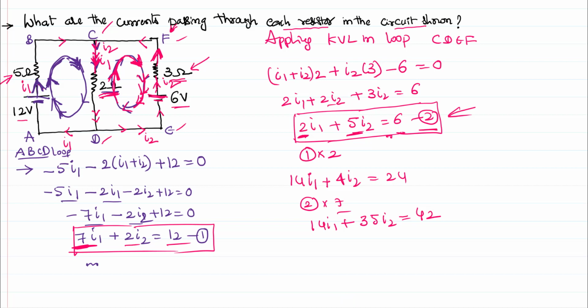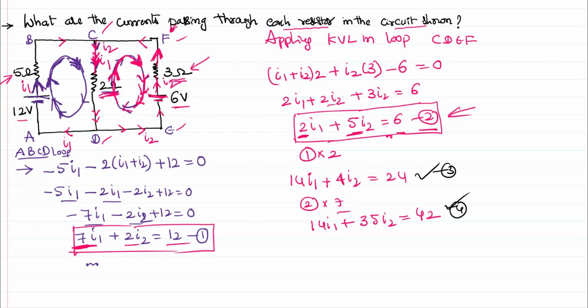So I got two equations: 14I1 plus 35I2 equal to 42. This is one equation, and this is one more equation, right? Let me call this equation number 3 and this equation number 4.